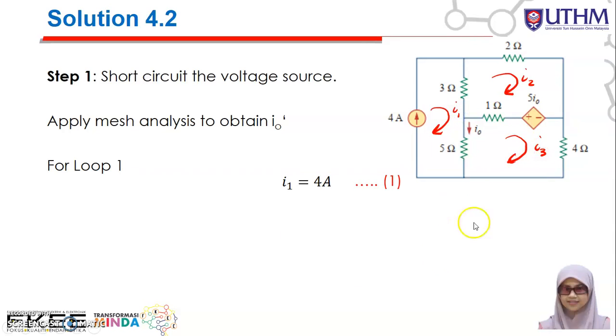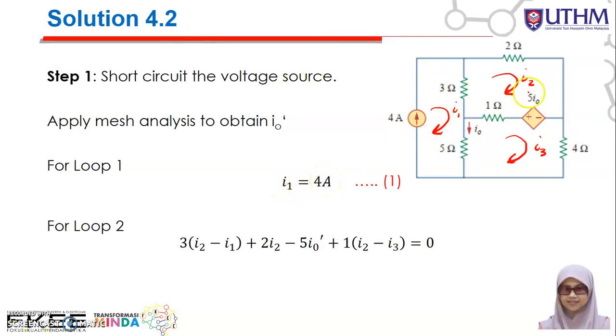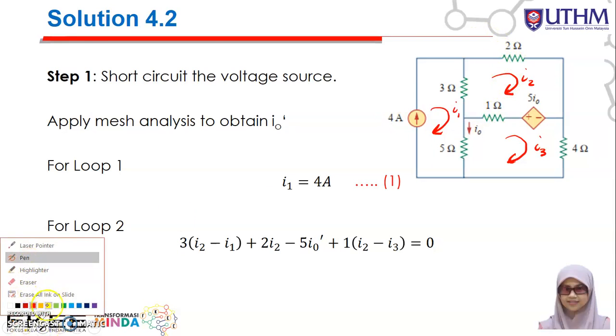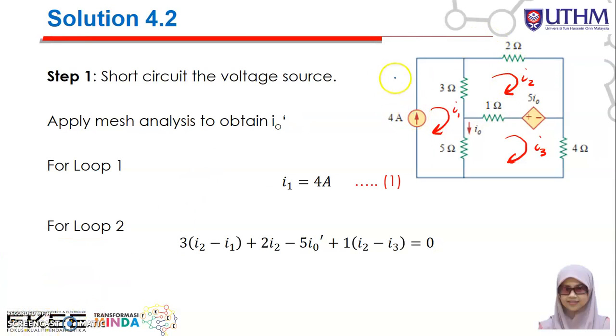So for loop number 1, I1 will be equal to 4 ampere, because I1 will have the same direction as the current source. For loop 2, you can apply your mesh analysis. Just like usual, you apply your polarity first based on the mesh current.